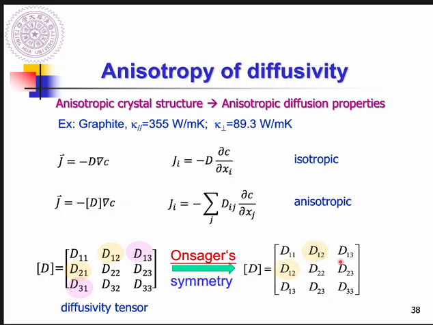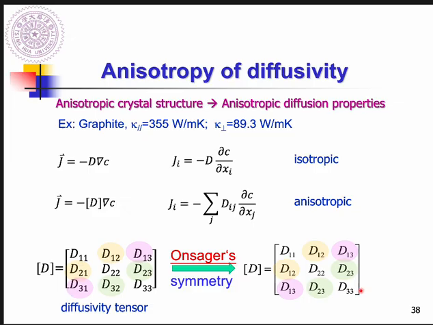And D31 equals D13, so we use D13 to represent this. The same idea, D32 equals D23. We use D23 to represent them. So under these situations, we successfully reduce the unknown diffusivity parameters from 9 to 1, 2, 3, 4, 5, 6, 6.